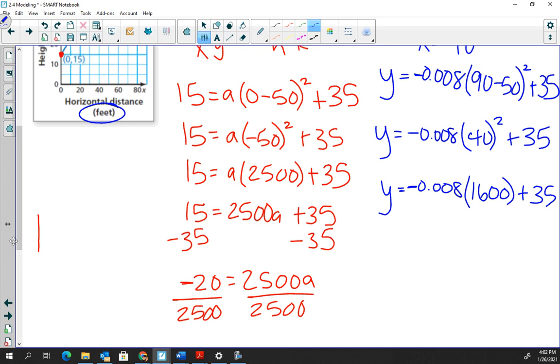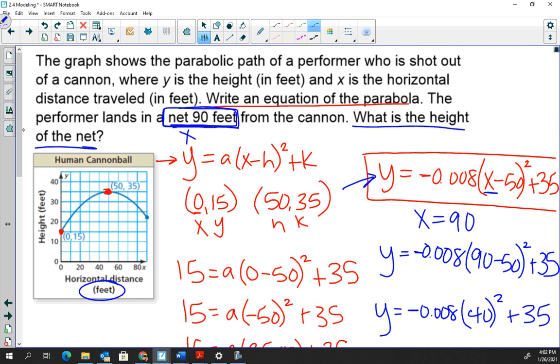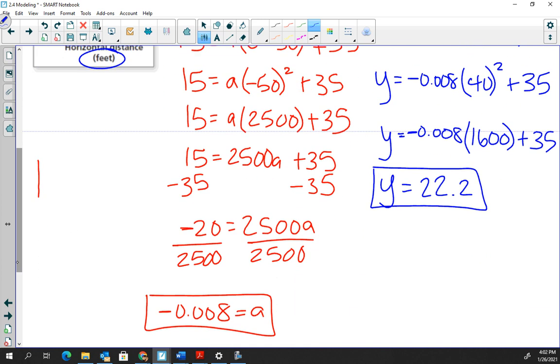Negative 0.008 times 1600 plus 35. If you do that on a calculator, you get about 22.2. So that means that this net that we're talking about, that's 90 feet away from the cannon, somewhere over here, there's this net. That net is about 22 feet off the ground. 22.2 feet off the ground. And that's how high it is. Okay?